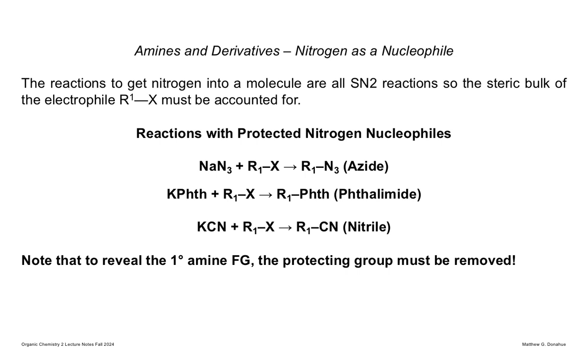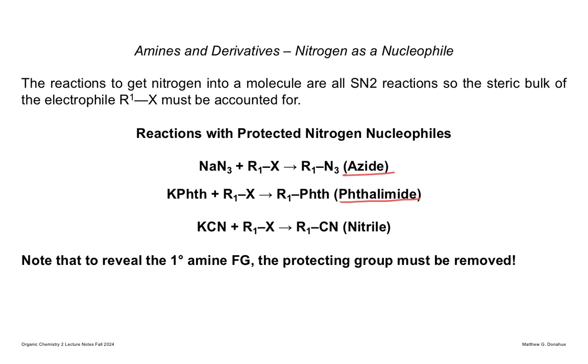So the 3 reactions that we've learned from Organic 1 are all SN2 reactions, where basically, remember, we have to account for the steric bulk of the electrophile that the nucleophilic nitrogen is reacting with. So in the first one, when we treat with sodium azide, we end up with an azide. The second reaction, potassium phthalimide, we end up with a phthalimide.